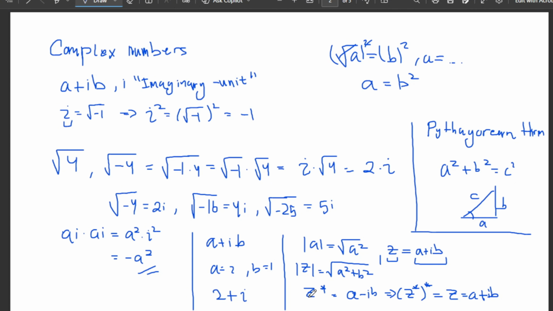Okay, that's it for complex numbers for now. In later episodes, maybe I would dive in deeper, but I'm not sure, because I believe there are no complex numbers in the later episodes of the journey map.